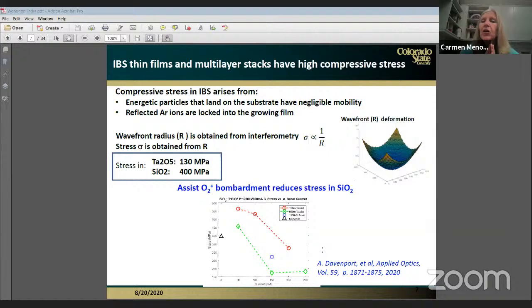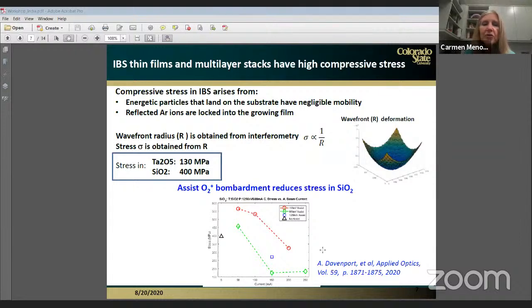The process is a low temperature process, so there is very little diffusion. And as a result of that, whenever we generate this plume, whatever falls on the substrate stays on the substrate. There's very little mobility. As a result of that, the films have very high stress.